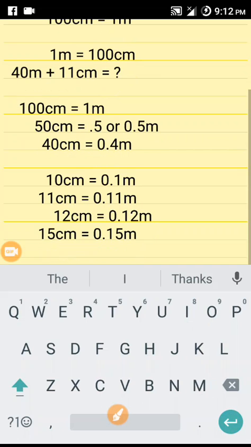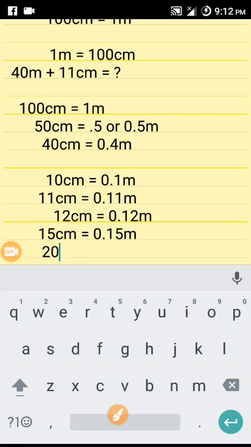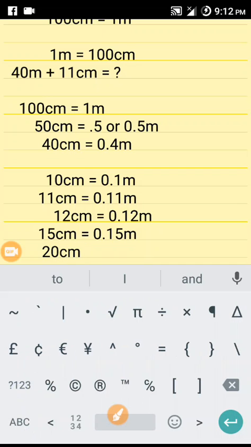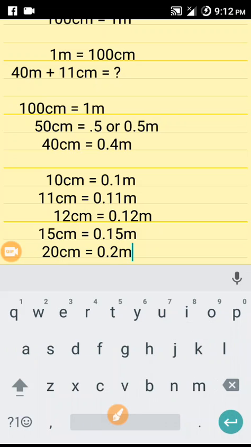So if you have something like 20 centimeters, it gives us something like 0.2 meters. So if we can look at this pattern and understand it properly, then we should be able to easily convert the centimeters to meters.